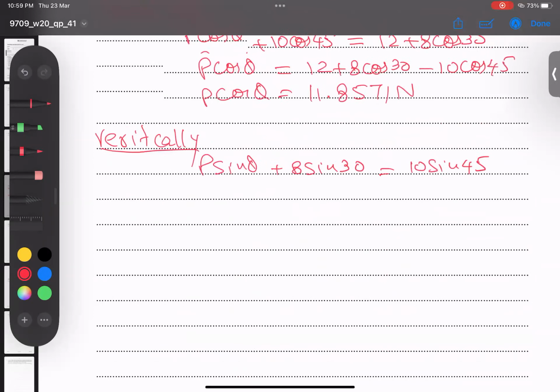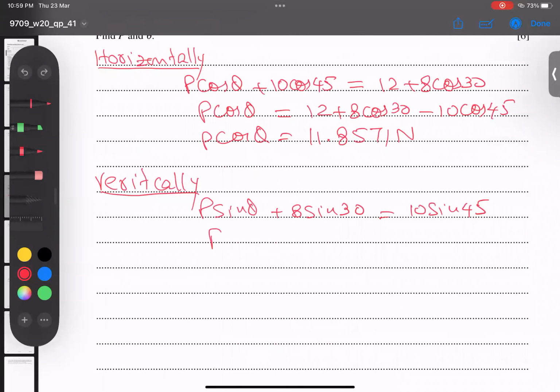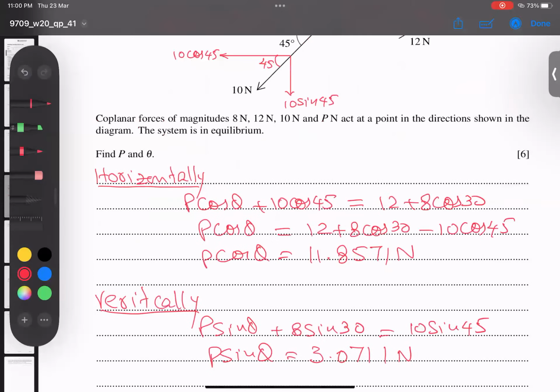Now I will bring this component to this end and type in the calculator. I'm just saving my time, I type it all together: 10 times 2 sin 45 minus 8 times 2 sin 30. And my answer is coming 3.0711 newtons.